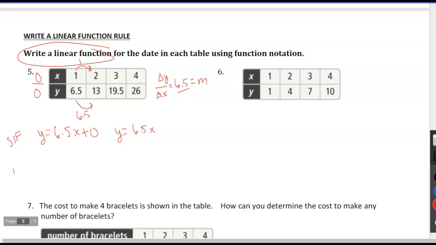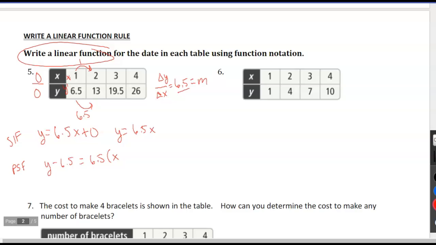You can also do point-slope form. It's just as easy. So if we did an x1 and a y1, you would have y minus y1, which is 6.5, equal to my slope, also 6.5, times x minus x1.